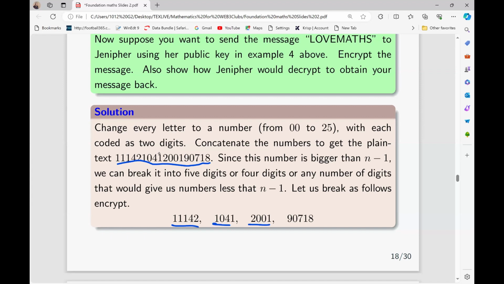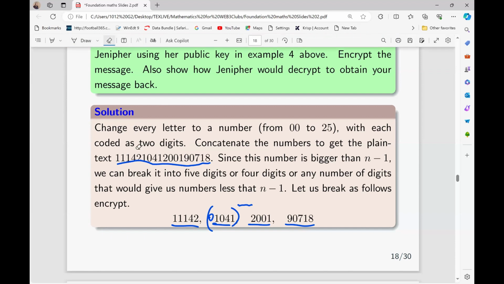It's not a must that they should have the same number of digits. You're just avoiding a number beginning with a 0.